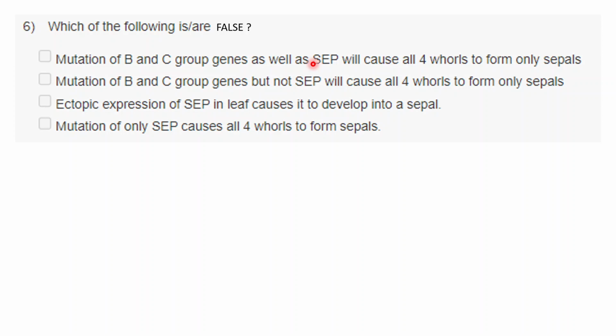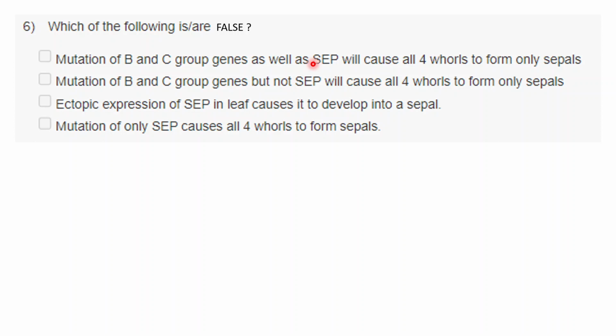Mutation of only sep causes all four whorls. One will express only A and it will be all sepals. Then that is a true statement, Ajay. That's what I was saying. That mutation of B and C, so A expresses, it will cause all the four whorls to form only sepals. That is a true statement. So I think that would not be the answer.